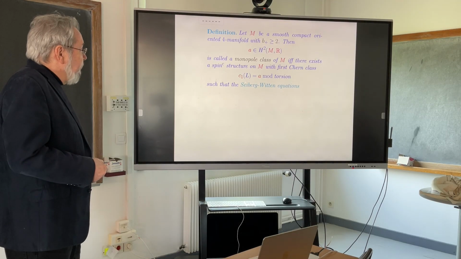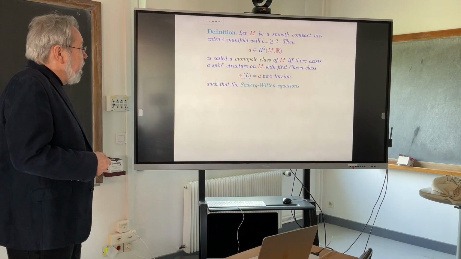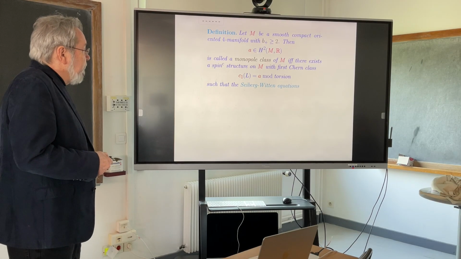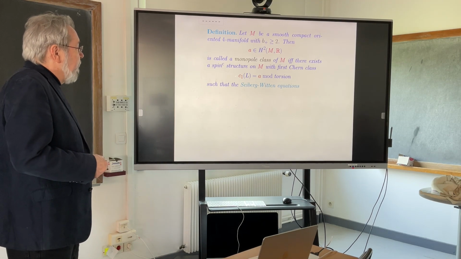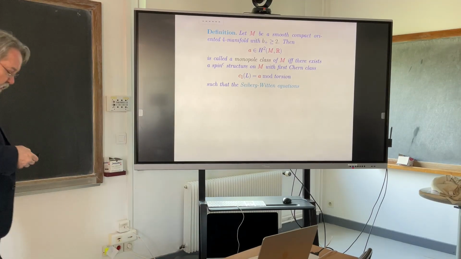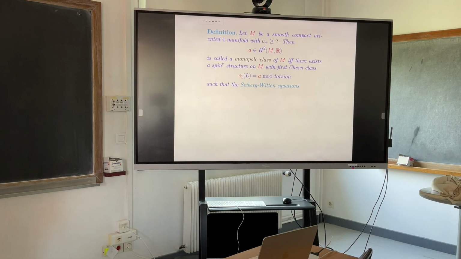So remember that the integer cohomology does not, in general, inject. There's a natural map from integer cohomology to real cohomology, and that map kills the torsion. Otherwise, it preserves the free part of the integer cohomology as a lattice in the real cohomology.